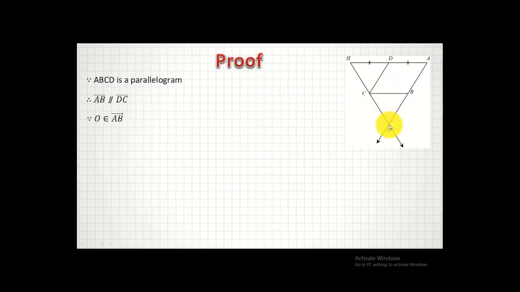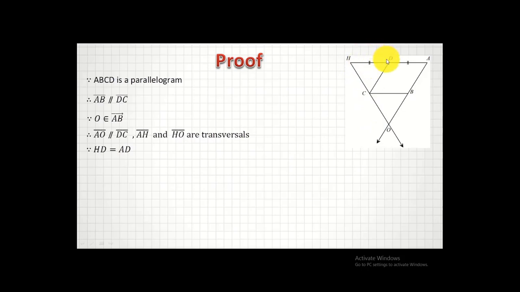Since point O belongs to the ray AB, therefore line segment AO is also parallel to what? Yes, line segment DC. And AH and HO are transversals.